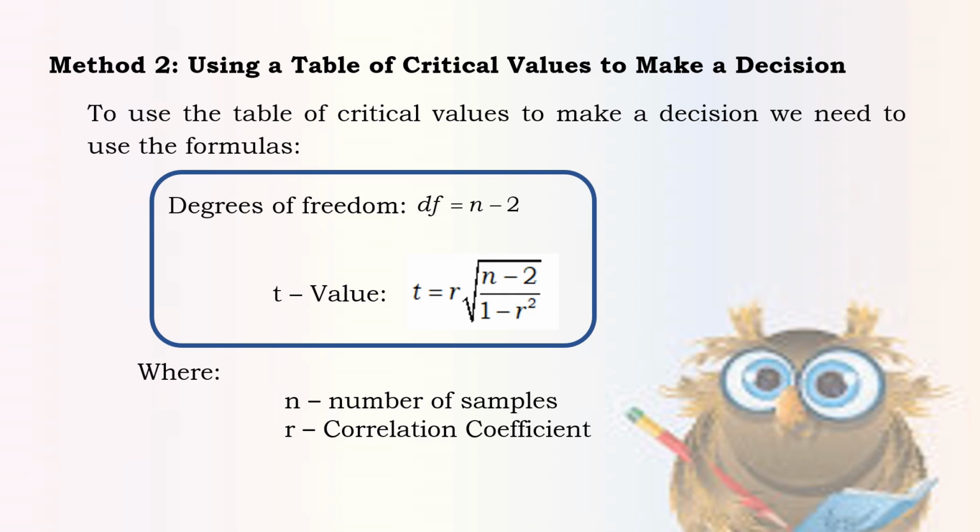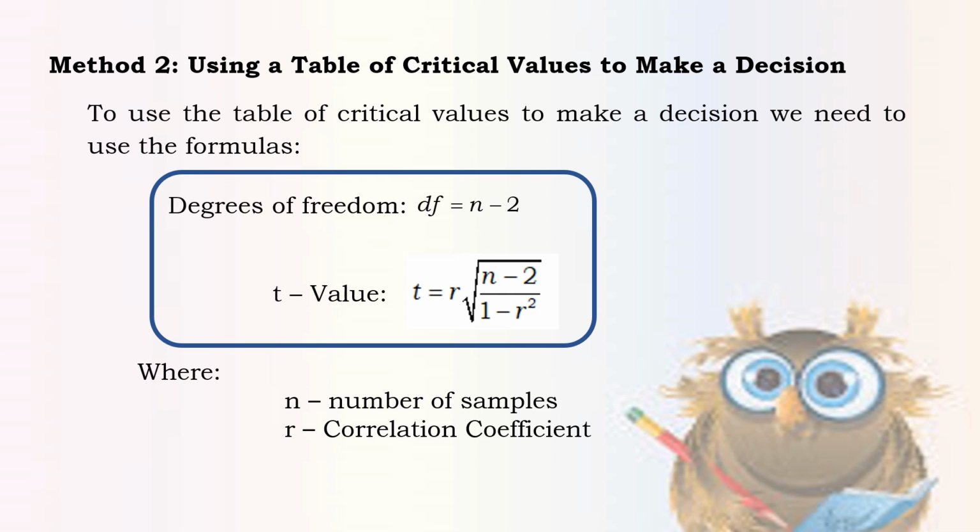To use the critical values to make a decision, we need two formulas. We have the degrees of freedom, df equals n minus 2, and the t value, where n is the number of samples and r is the correlation coefficient.